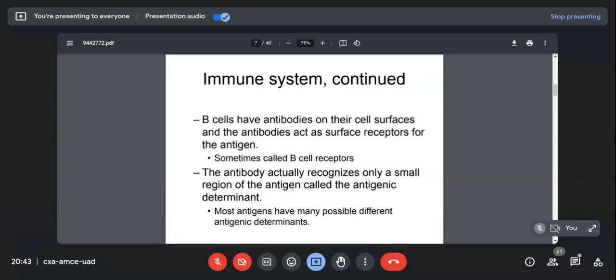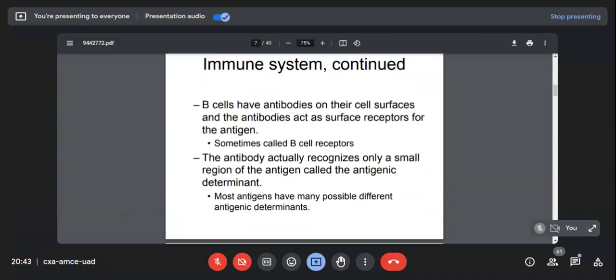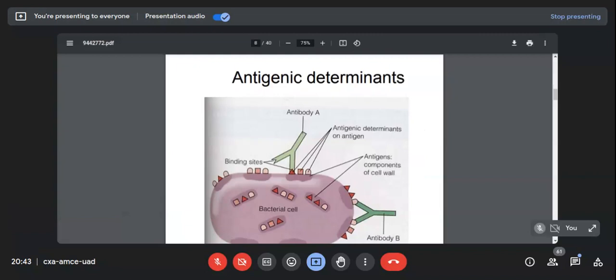The part that an antibody would recognize on an antigen, for an antibody to give a signal to the B cell and say what I'm touching is an antigen, that part on the antigen is called an antigenic determinant. And most antigens have many different parts on their structure that can be regarded as antigenic determinants. So take note of that.